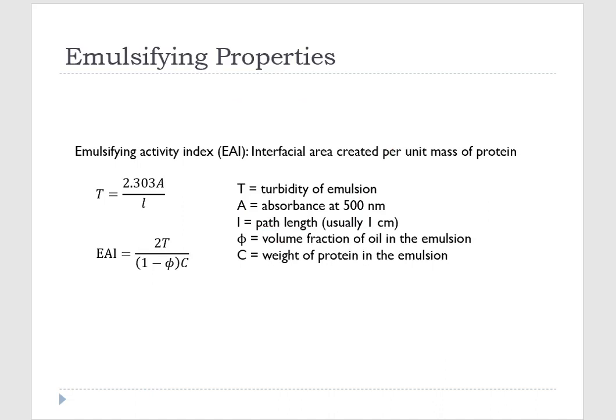Another method is the emulsifying activity index. It's the interfacial area created per unit mass of protein. The turbidity of an emulsion is given by T. Let's say, as an example, we have an oil in water emulsion.